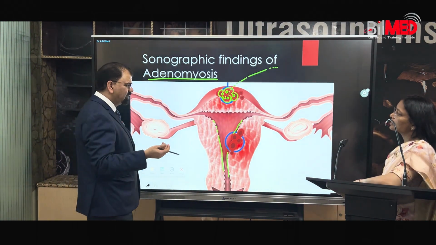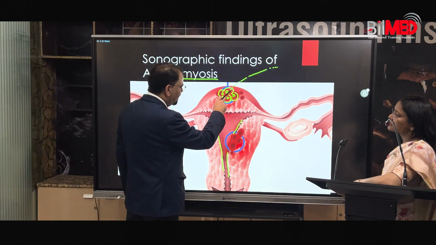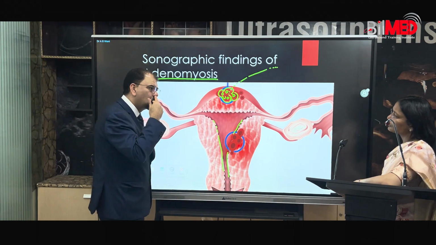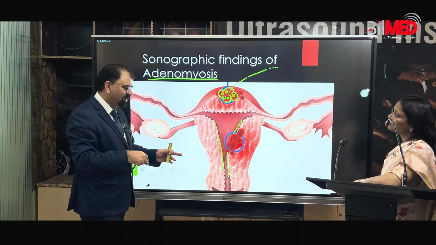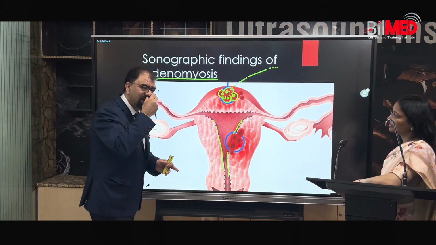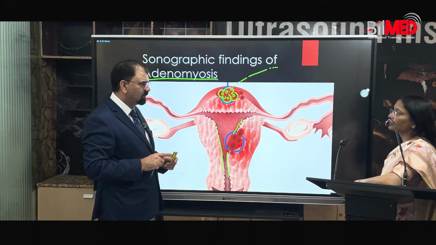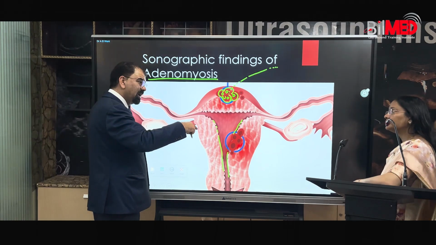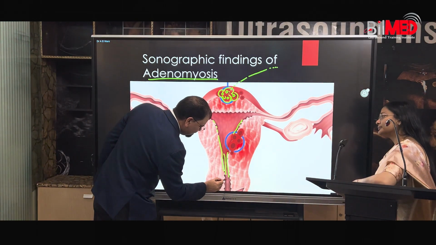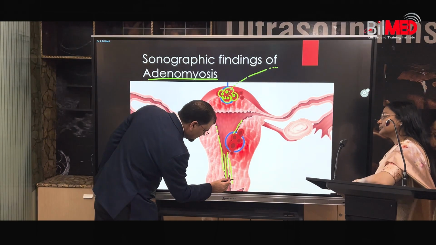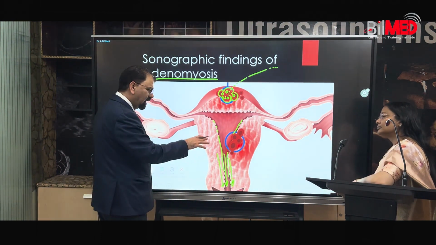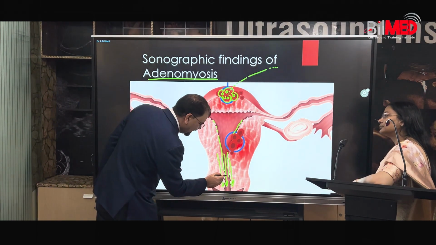Just as an example, which I give in each and every class, if I take this endometrium and put it in my nose, and if I am a female, whenever I have bleeding PV, I will have epistaxis also. Of course. Now, if the patient is bleeding PV during menses, the menstrual bleeding has a way out.